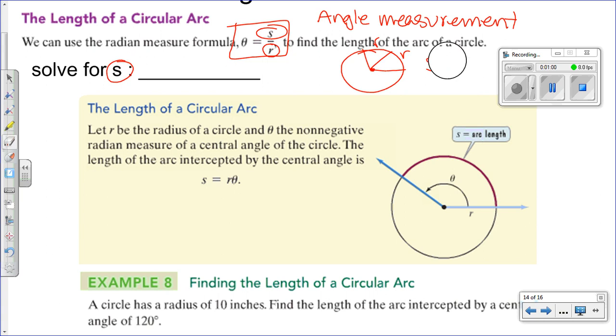The angle measurement using this formula will be S, for arc length, so 2R divided by the radius, which just happens to be R. And from here we were getting that this central angle is equal to 2 radians.